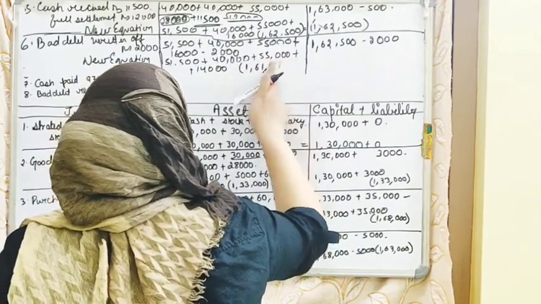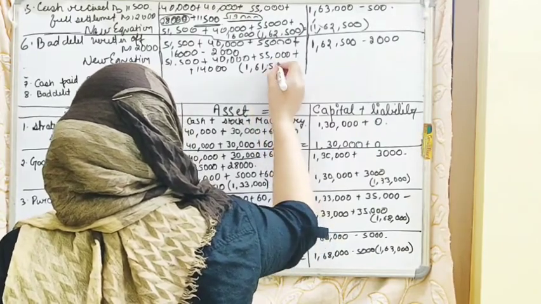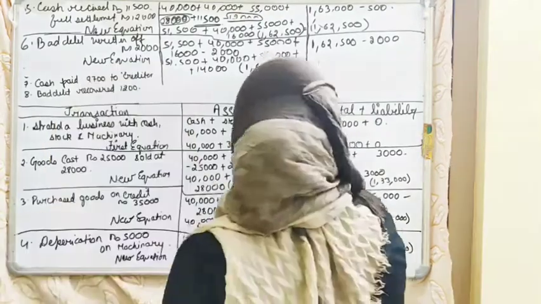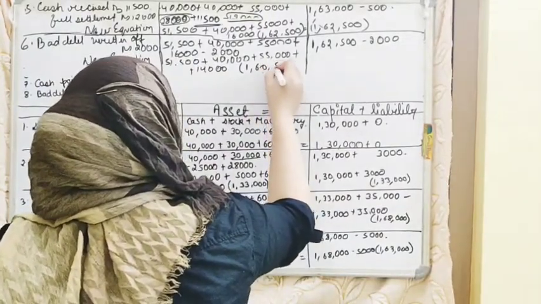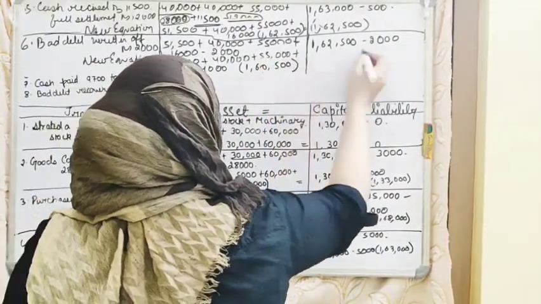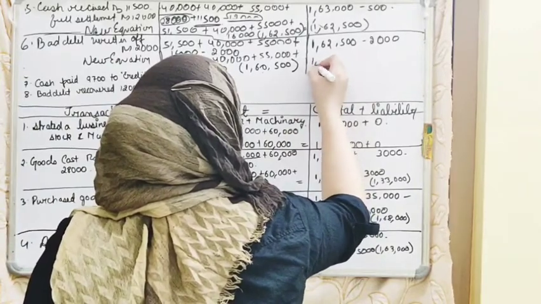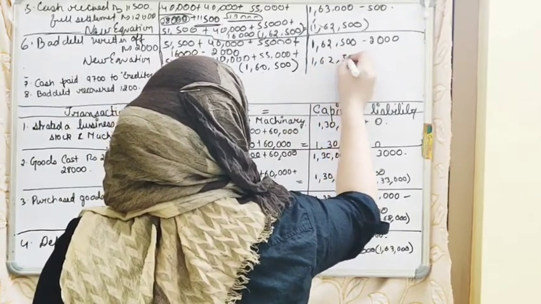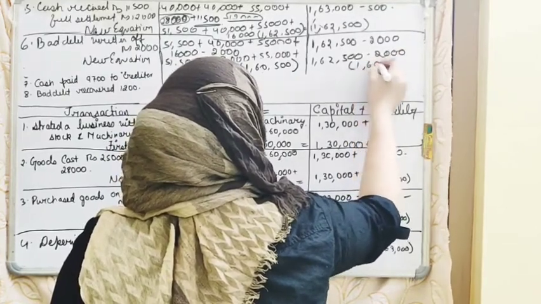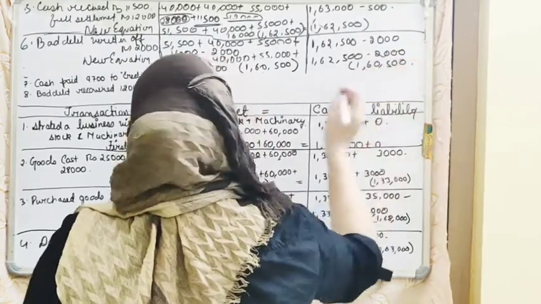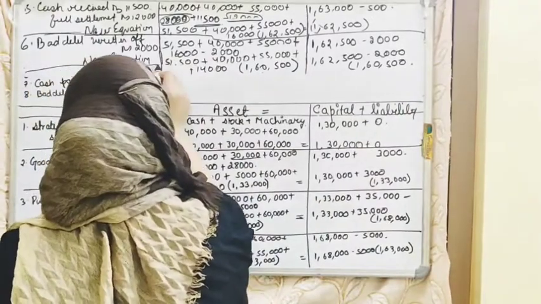Sorry, 1,61,500. To an amount of rupees 1,60,500. Here also, if we minus 2,000, we come to an amount of rupees 1,62,500 minus 2,000, that is 1,60,500. This is your new equation.